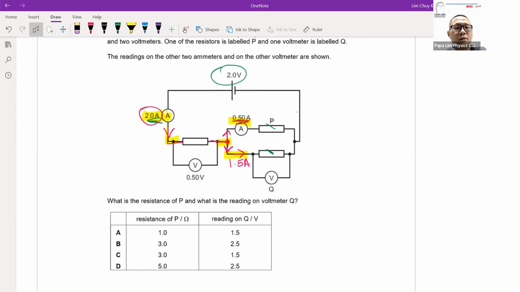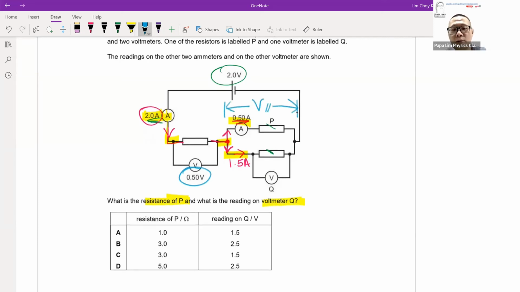So straight away, take a look at the current. The question says, what's the resistance of P and what's the reading for voltmeter Q? So I want the resistance value of P. Based on the question, this is 0.5 volts. And this potential difference, I will call V parallel.